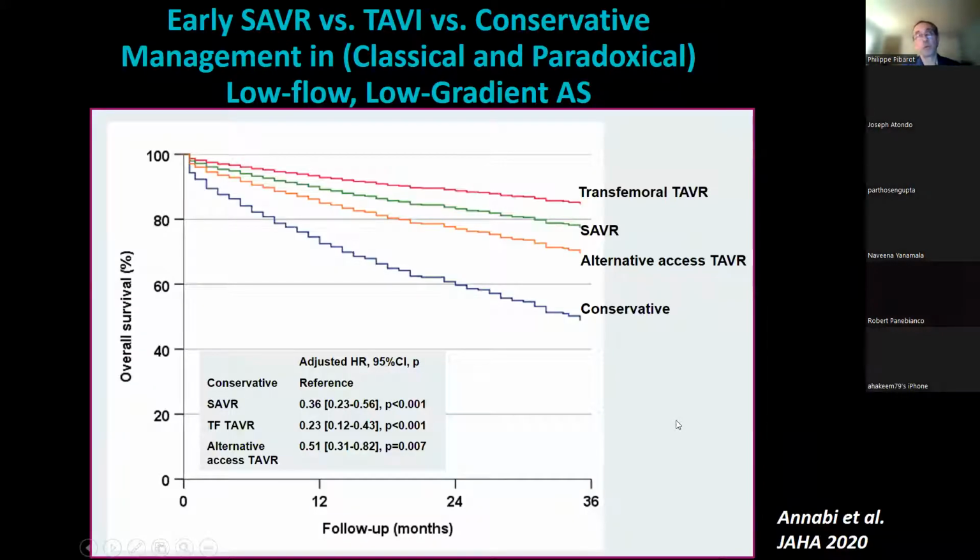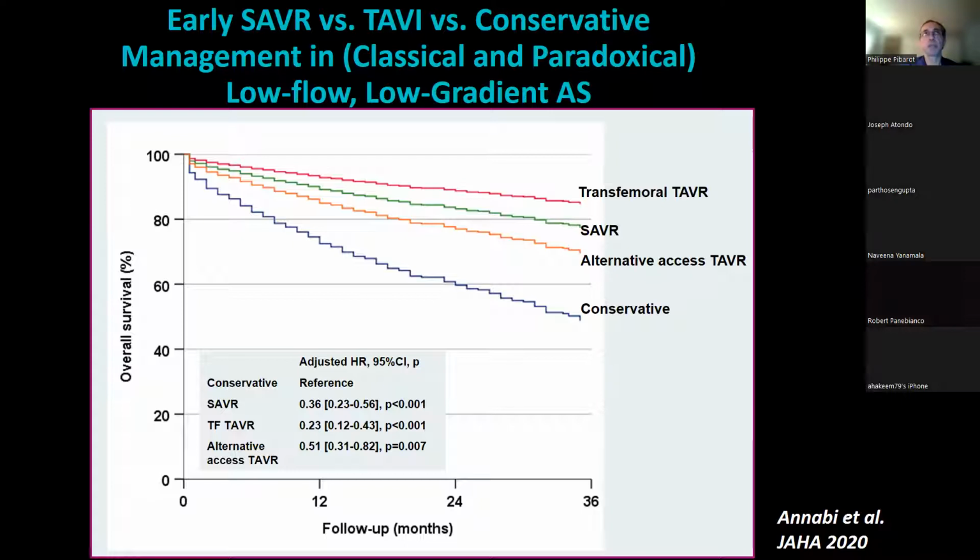So when we come to the point where we have confirmed the presence of a true severe AS in a patient with paradoxical low flow, low gradient, of course, we now need to select the therapy. We know that there is an indication for intervention, for AVR, but it is now important to select which is the best type of therapy.